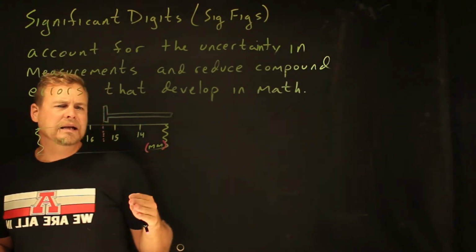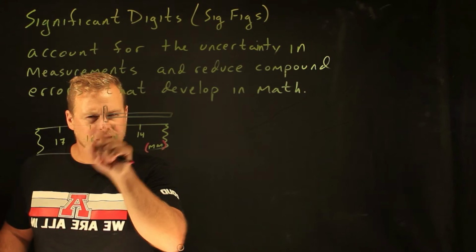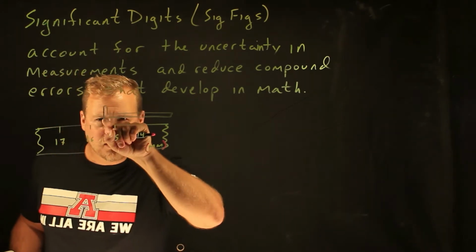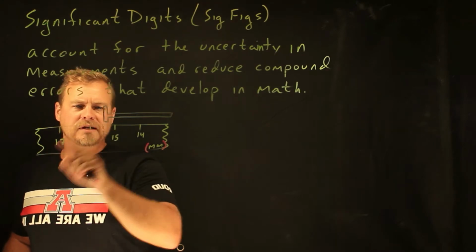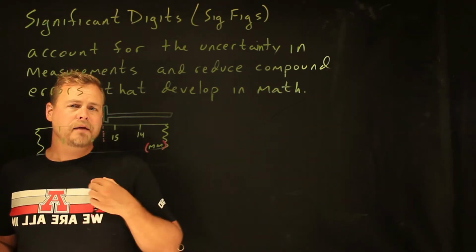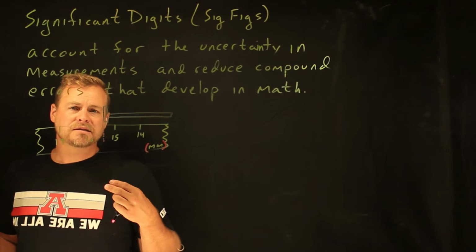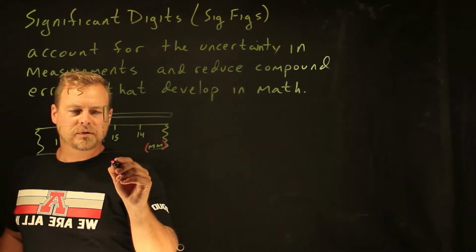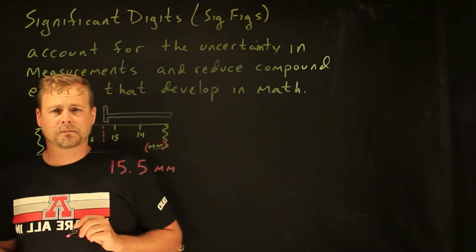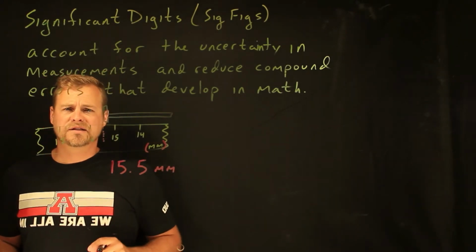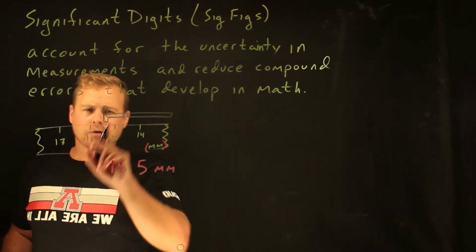But I have keen eyes. I'm a good scientist. I can definitely tell that that nail comes between almost exactly 15 and 16. And so I feel comfortable in estimating this nail to be 15.5 millimeters long. Okay? That would be an acceptable error, right?